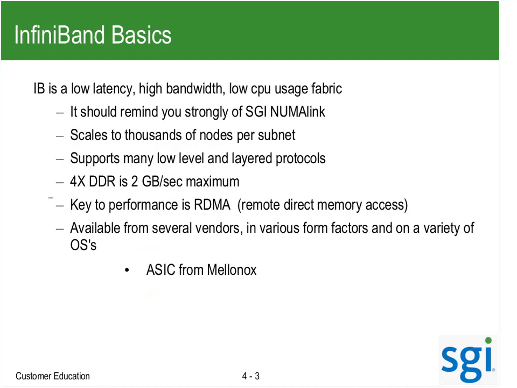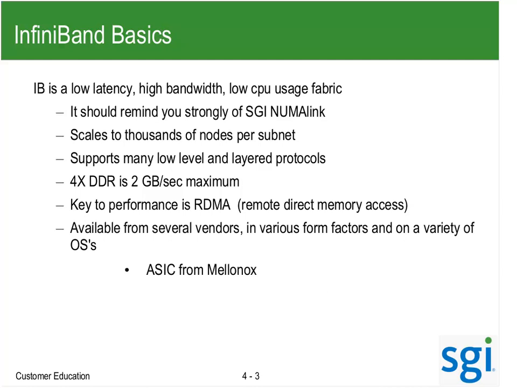So, InfiniBand is a low latency, high bandwidth, low CPU usage fabric. Just another form of an interconnect. Normal Gig-E Ethernet may have bandwidth but does not have latency. Anything going through the TCP stack, anything going through normal Ethernet is going to have latency, say in the 90 microsecond range.